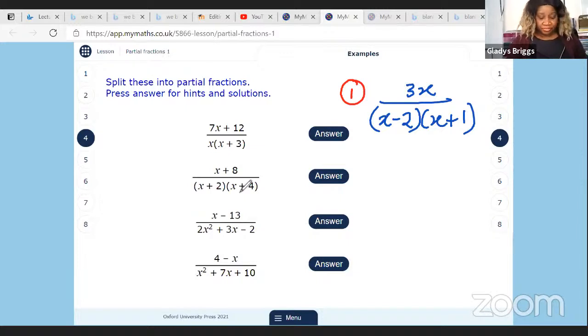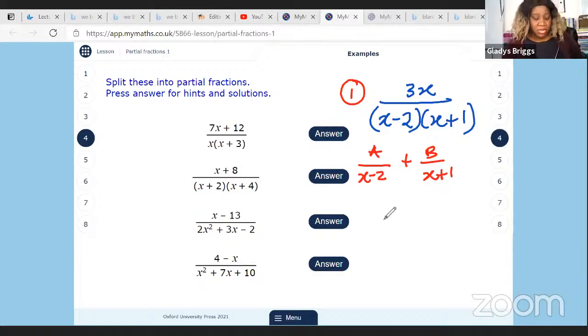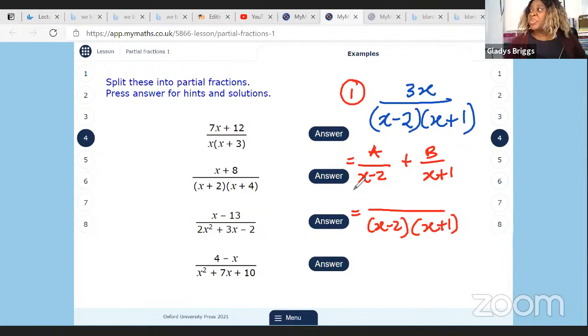Okay, a over x minus 2 plus b over x plus 1. Then the next step, you make it like this, and then you do the next step. It's not really difficult. It's just a long process that you have to follow.